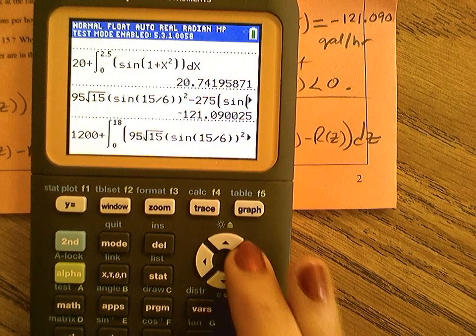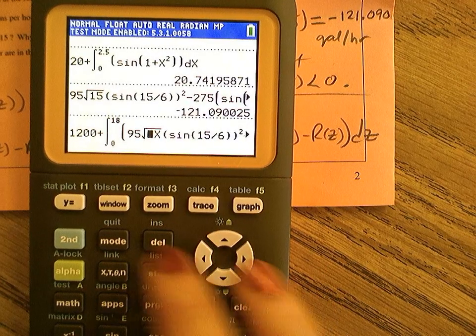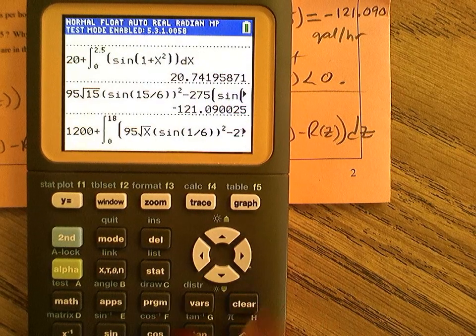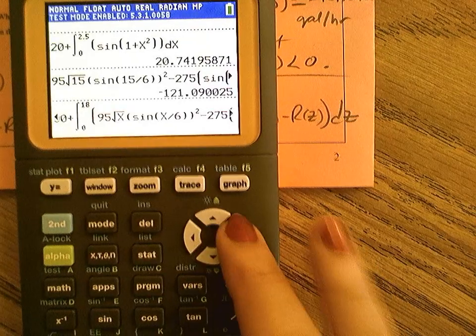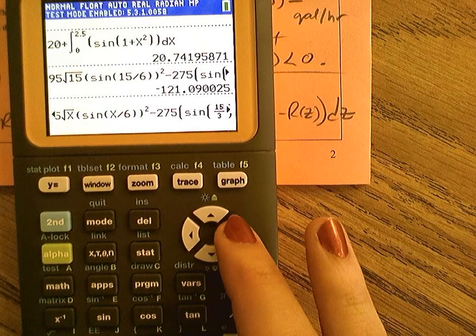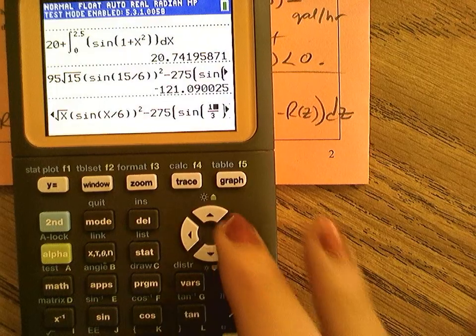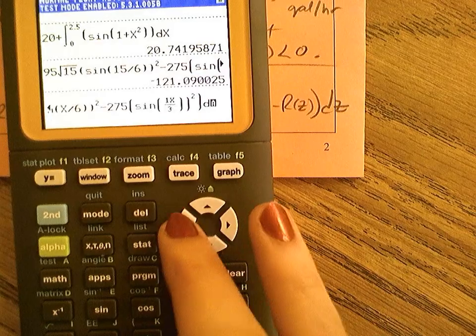All right, now instead of this 15 though, we got to put an X. That's so much easier. Yeah, instead of the 15s, I'm putting X's. 1X is fine. And then at the end, dx.